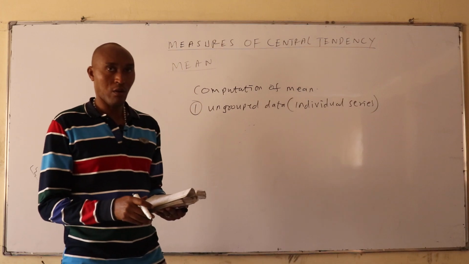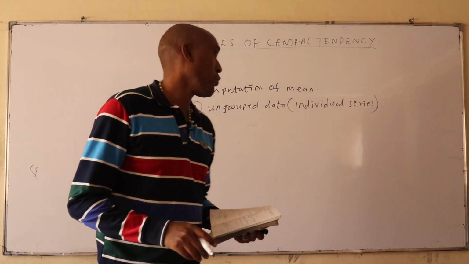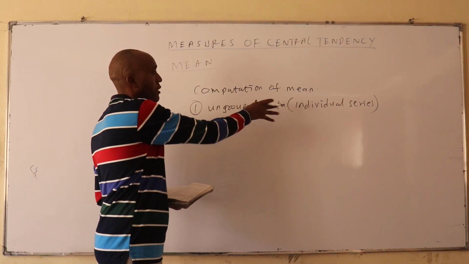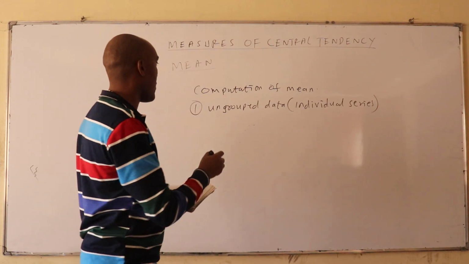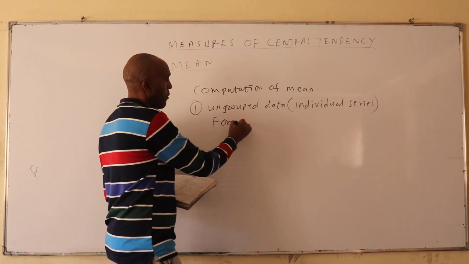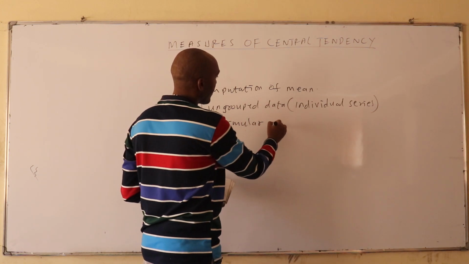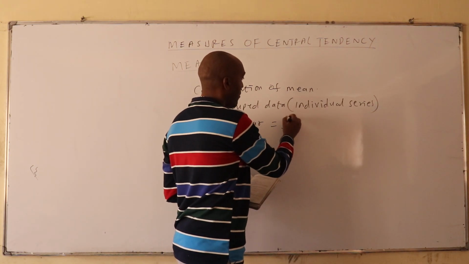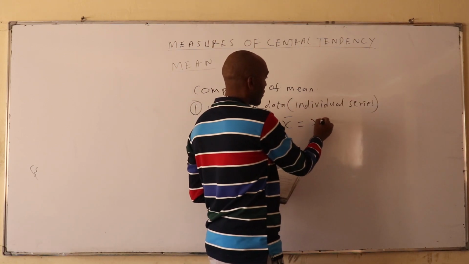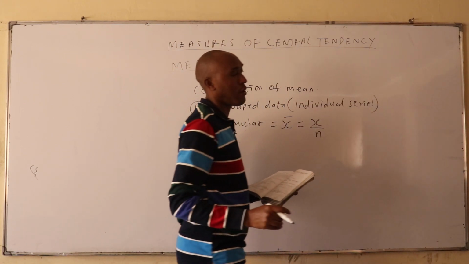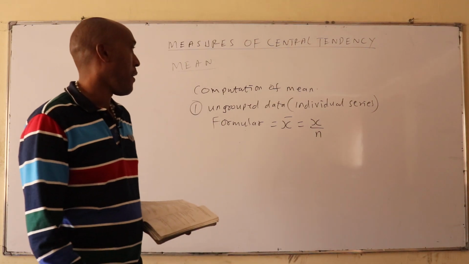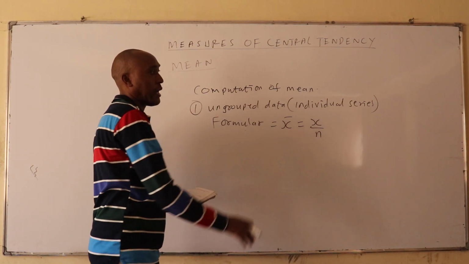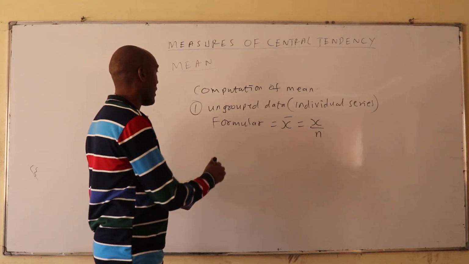So we are going to compute mean using the individual series, and we are going to do it by giving the formula. The formula which you use to calculate mean is: mean equals Σx over n. That's the formula which you use when we are calculating mean for ungrouped data, individual series.